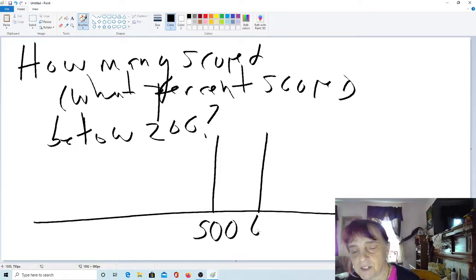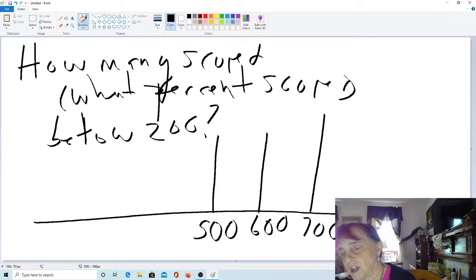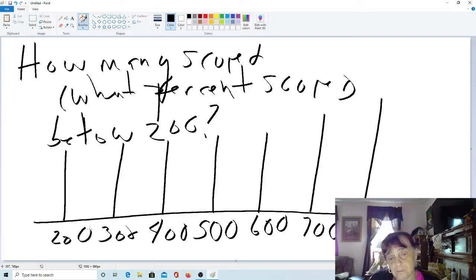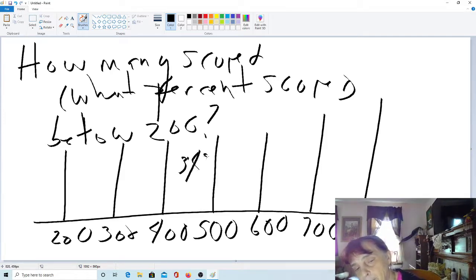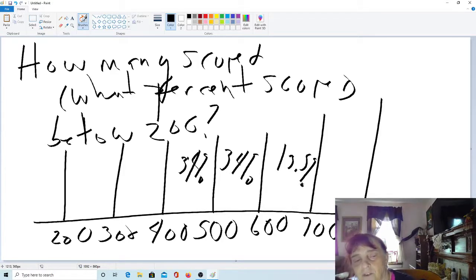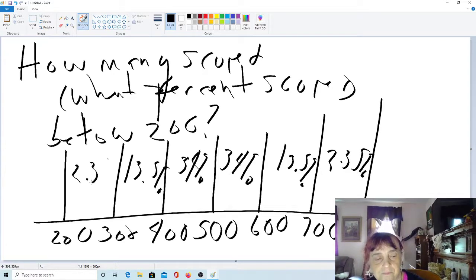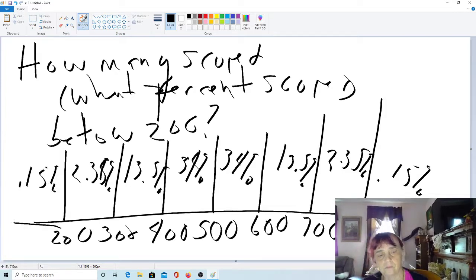Standard deviation is 100, 600, 700, 800, and then below the mean 400, 300, 200, and you have 34% here, 34%, 13.5%, 13.5%, 2.35%, and 2.35%, 0.15% and 0.15%. Okay, and so the percentage below 200 would be 0.15%.